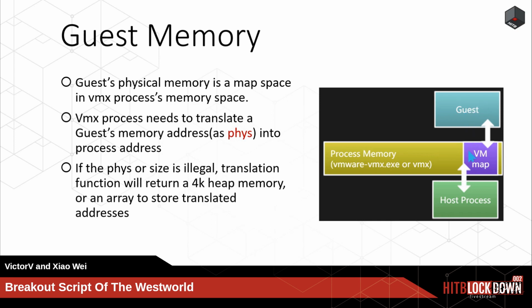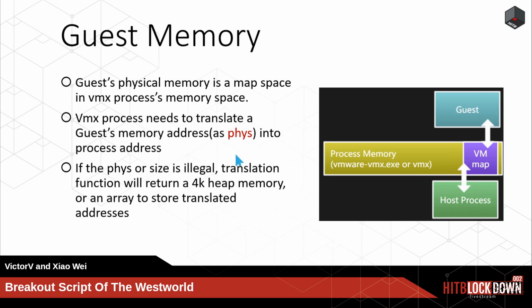VMmap is a mapped space in process memory. In this picture, the guest system can access VMmap directly, but the VMX process needs to translate a guest physical memory address into a process memory address if it wants to access VMmap.